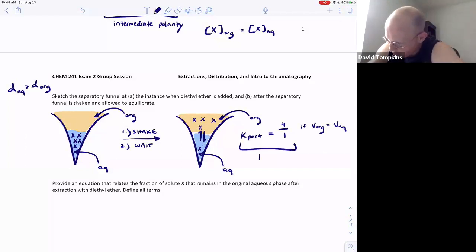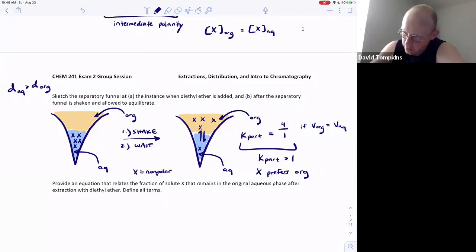Because Kpart is greater than 1, that indicates that X prefers the organic phase, or X is probably fairly nonpolar. It's more similar to the polarity of the ether, the organic phase, than it is to the water.